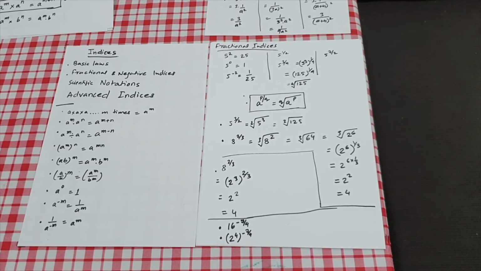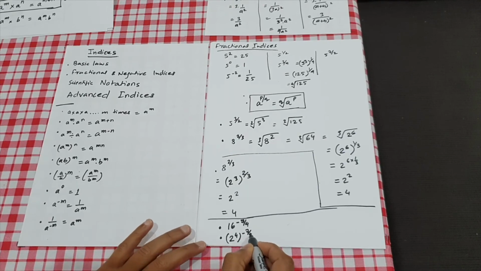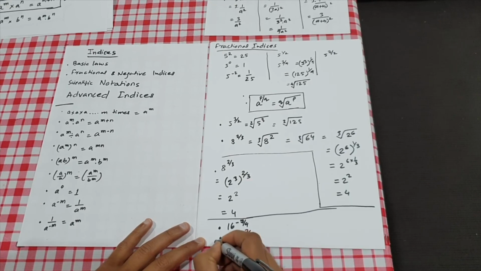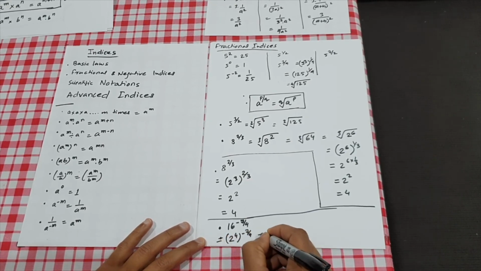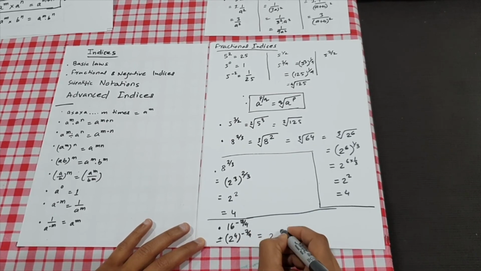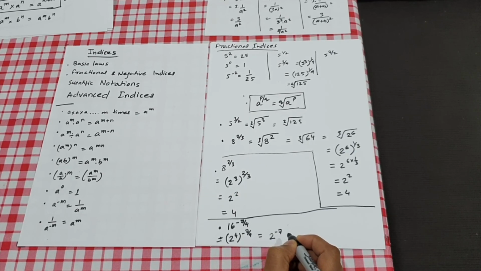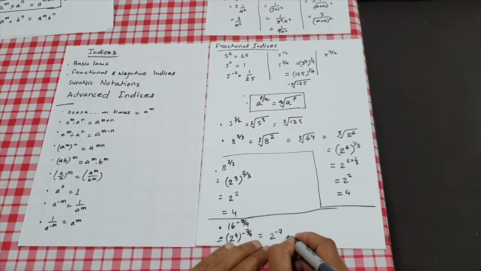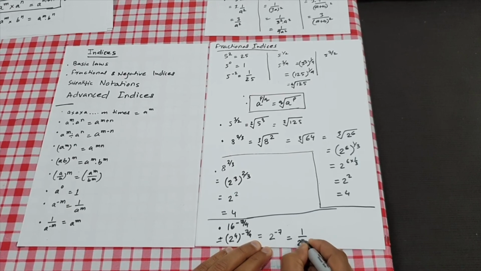Now I'm sure you can see that this 4 and this 4 get cancelled out. So when we move ahead, you get 2 to the power minus 7, and we use the rule of negative indices, to call it 1 by 2 to the power 7.